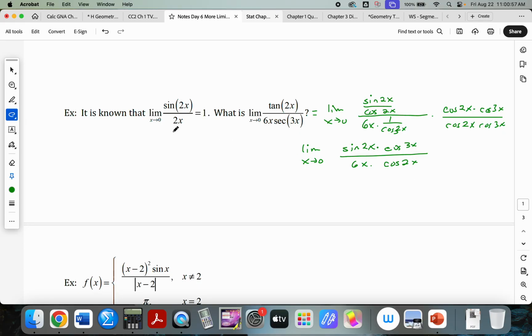Notice we haven't quite gotten to where we're using this. It prompted us: I've got sine of 2x over 6x, huh? Maybe I could rewrite that somehow. Maybe I could go, okay, this is 3 times 2x. Now, what does cosine of 3x over cosine of 2x go to as x goes to 0?